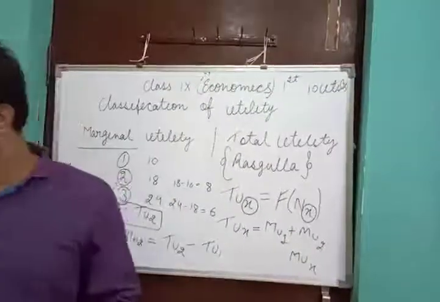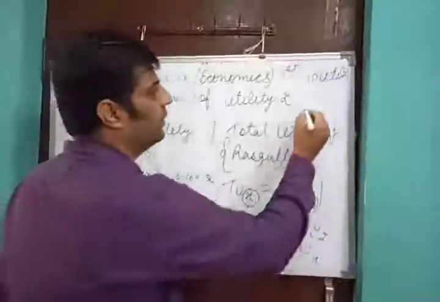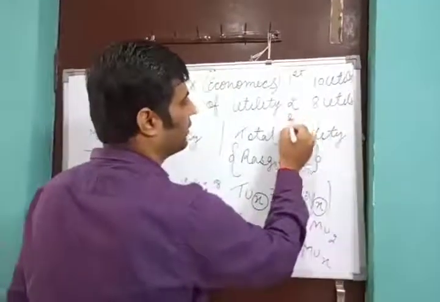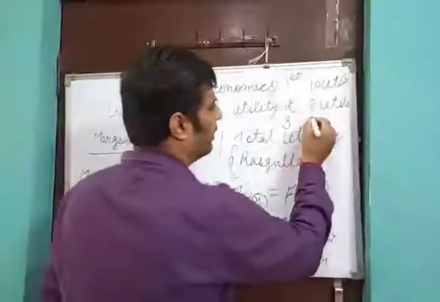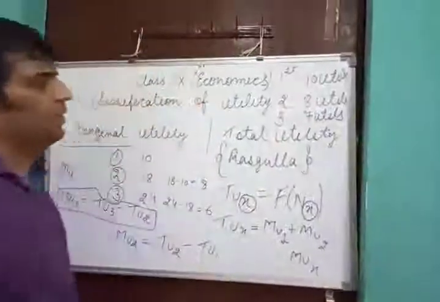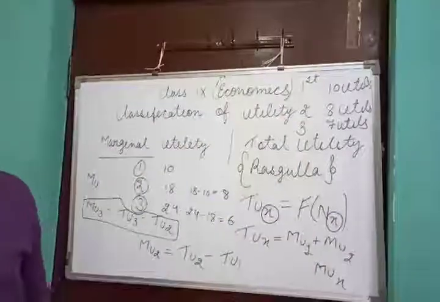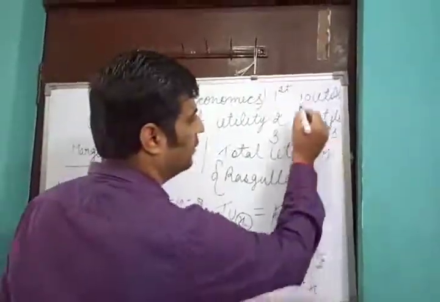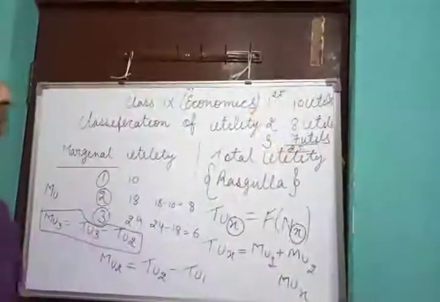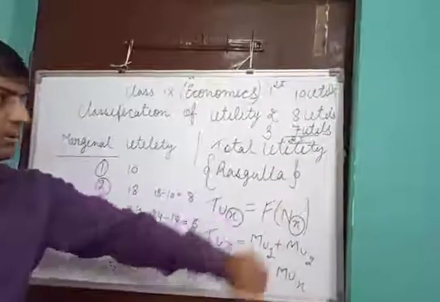When he eats the second chocolate, he gets 8 utils, and when he eats the third chocolate, he gets 7 utils. The total utility of 3 chocolates will be 10 plus 8 plus 7, that is 25. So 25 is the total utility of 3 chocolates. You must have understood this.